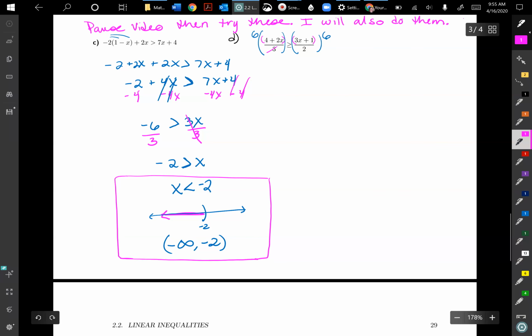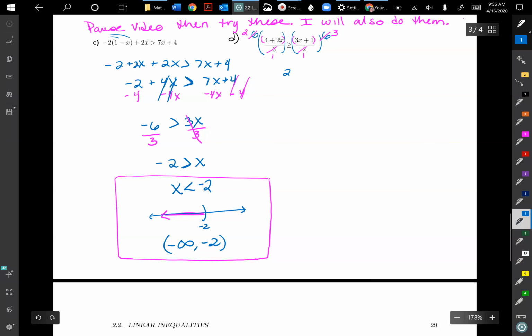So 3 into 3 would be 1. 3 into 6 leaves me with 2. 2 into 2 is 1. 2 into 6 is 3. And then I'm just going to rewrite that to clean it up a little bit there.